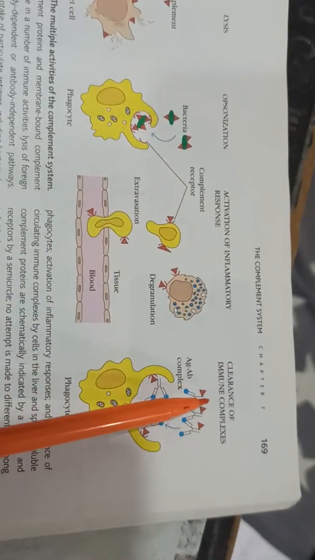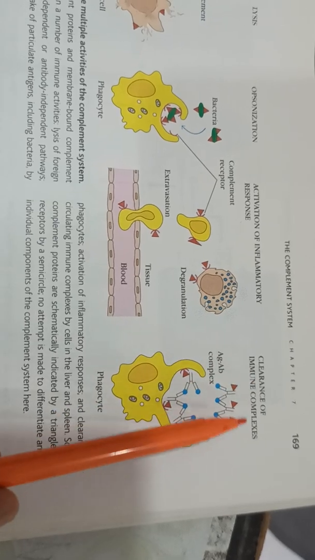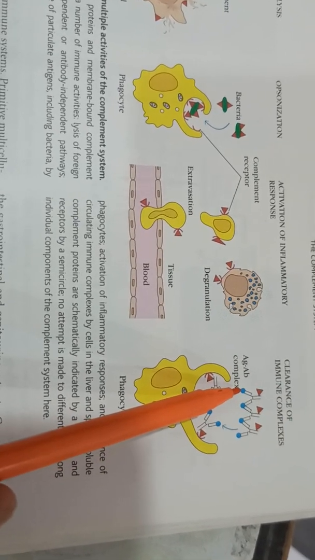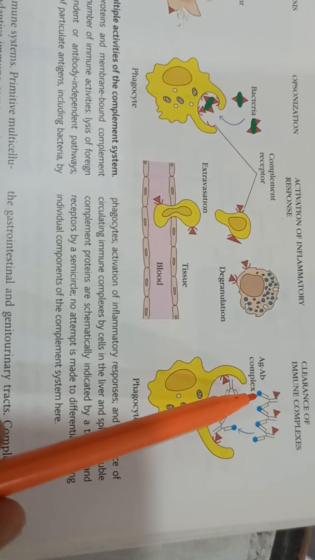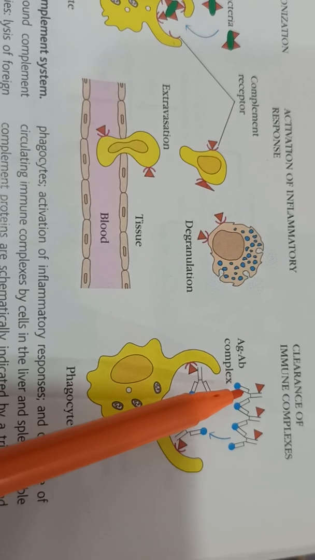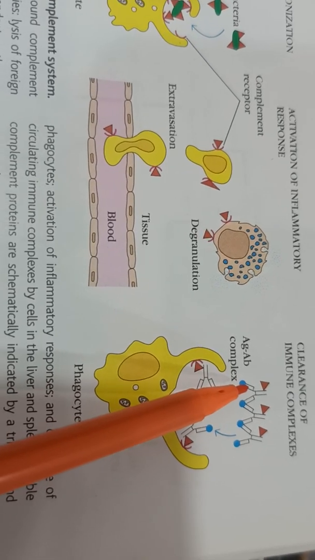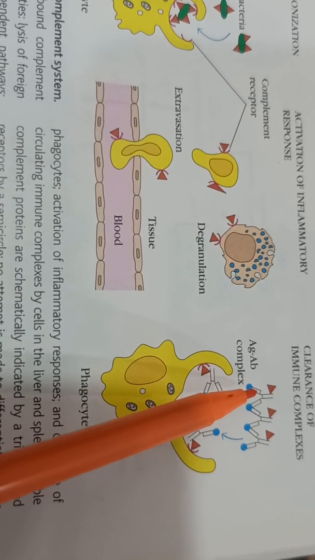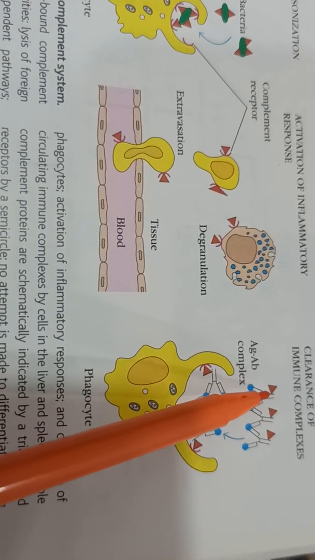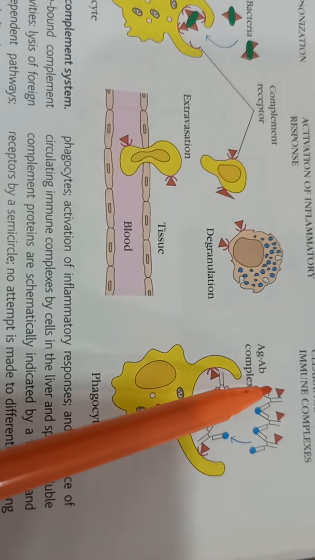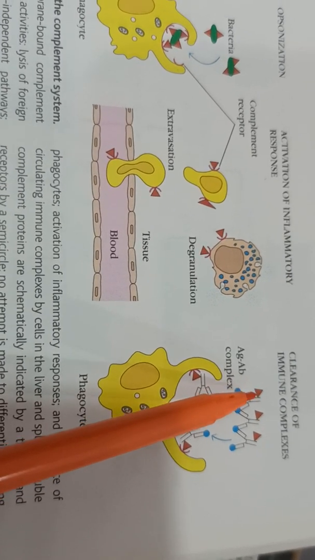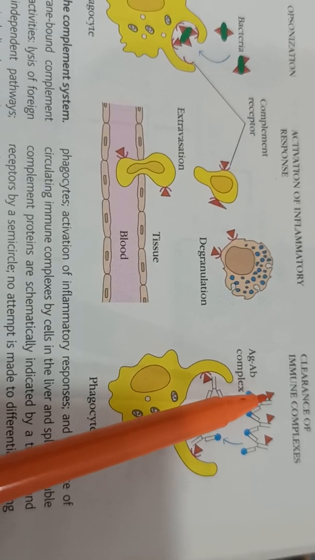The fourth important function of the complement is clearance of immune complexes. We know that the antigen, shown in blue color and round shaped here, is bound by the antibodies. Whenever the antibodies are bound to the antigens, the antibody exposes a specific site on its Fc fragment, where the complement can bind.